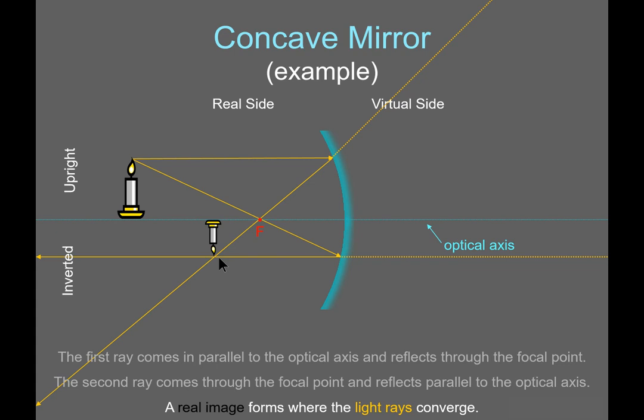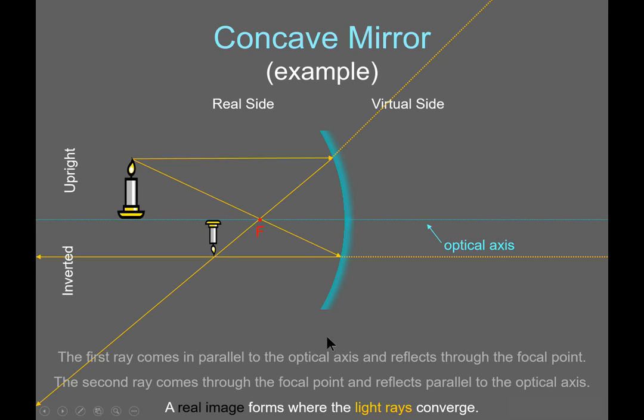So this is where you can get some funny upside down craziness. And actually, concave mirrors are what they would use to make holograms. Right now, your image is going to be on the real side, and it's going to be upside down.